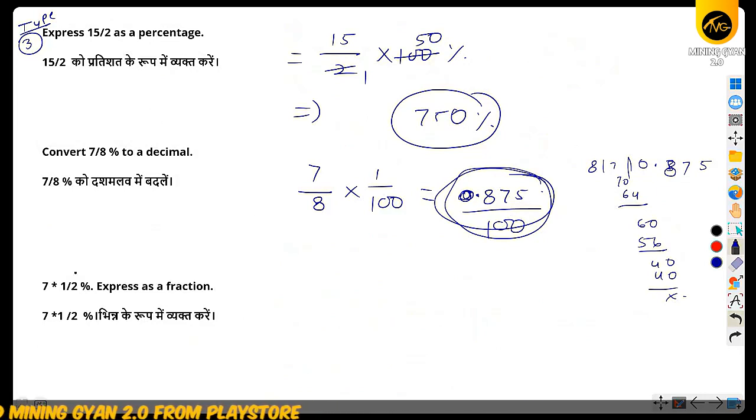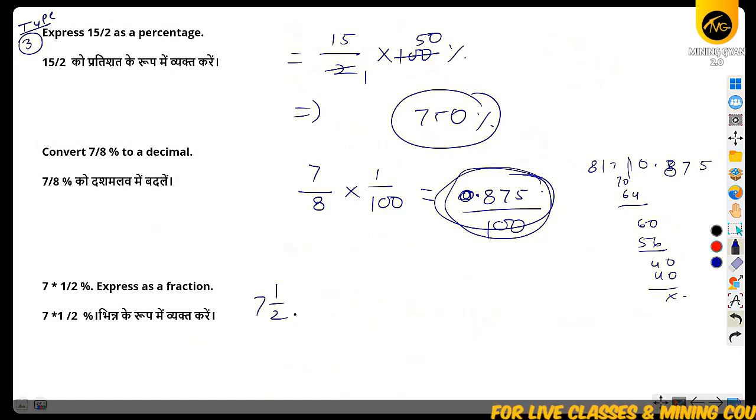Now the next one is 7 into 1 divided by 2% expressed as a fraction. Now in this case 7 1 divided by 2 is the percentage form. You have to convert into the fractional form.